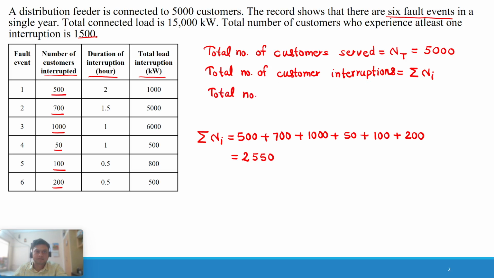And the last is the total number of customers interrupted, which we denote as CN.